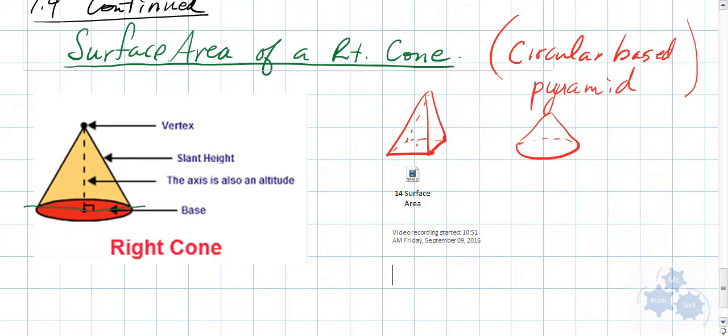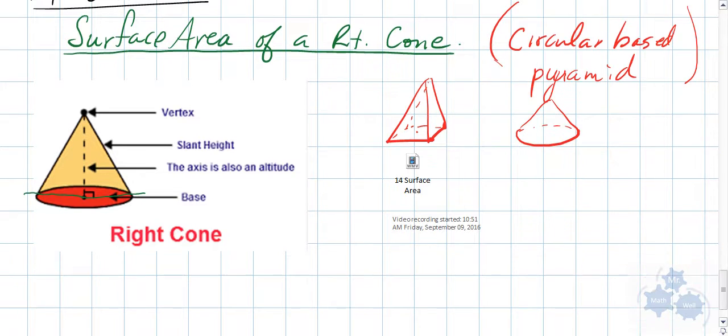Okay? So when we're drawing a net diagram of a cone, it's going to look like this. This is going to be sort of the wraparound side of it, and it's going to be a little bit rounded on the bottom, as I just showed you.